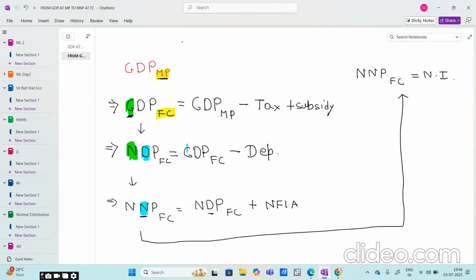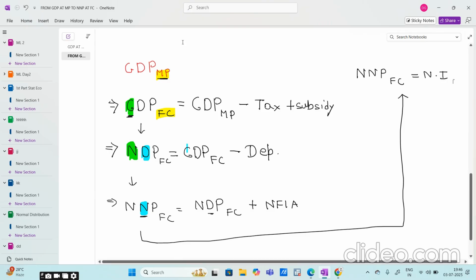In this way we can get national income even if we have GDP at market price. My point is basically that whatever we have, whether GDP at market price, GDP at factor cost, NDP at market price, or NDP at factor cost, we can easily reach NNP at factor cost by following these methods.